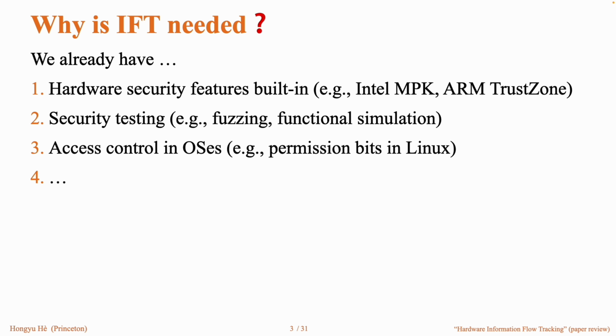IFT is different from these individual components in that it's not a component you add on the outside; it goes from the bottom up. It looks at your whole system from the basics, instead of adding checks at the top. It looks at the information on your system from a lower level.